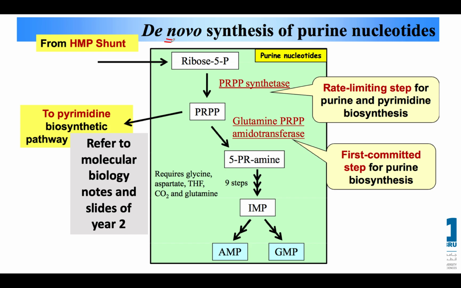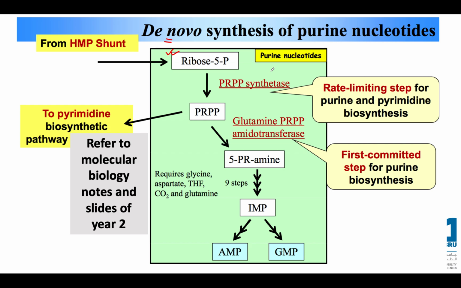Now, in the purine nucleotide, you need a pentose sugar, and this particular sugar is derived from ribose 5-phosphate, and this ribose 5-phosphate is derived from the hexose monophosphate shunt or the pentose phosphate pathway. And I believe we talked about this in the course of biochemistry.